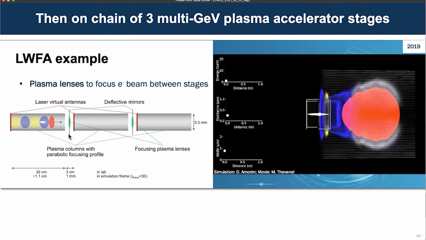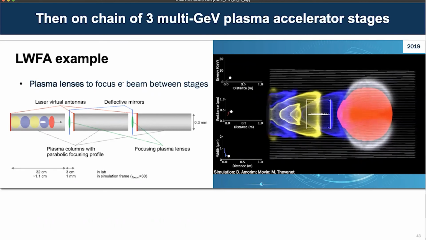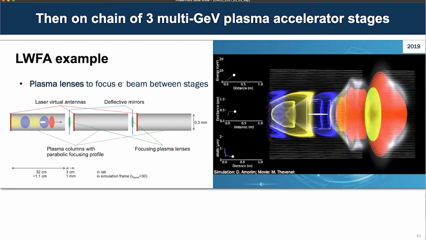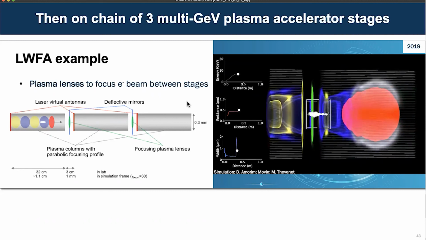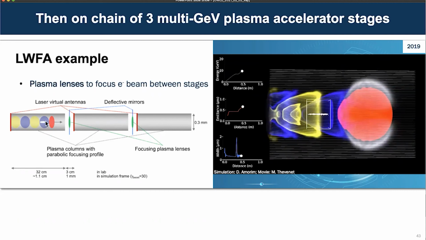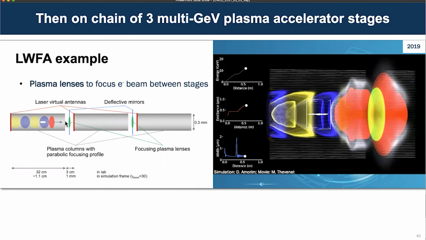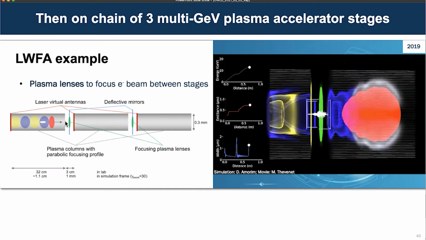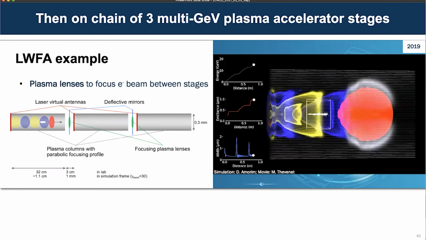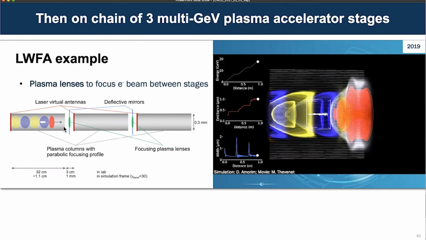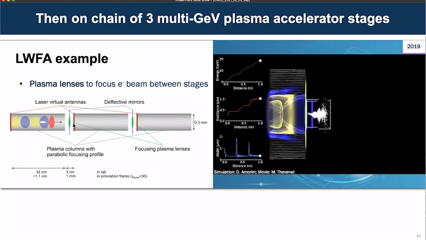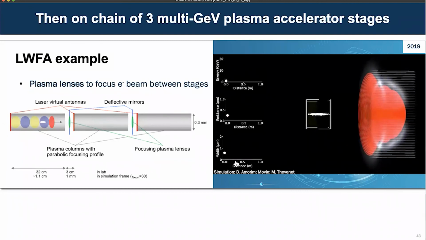It's supposed to be physically a plasma lens, but it was actually just a radial focusing field that was added here to refocus the electron beam that otherwise is just defocused as it exits each stage and is refocused at the entrance of the next stage.